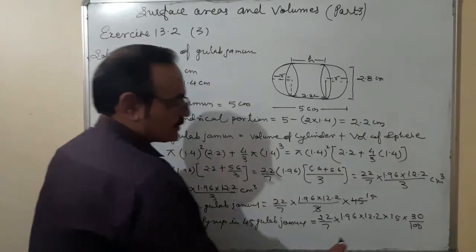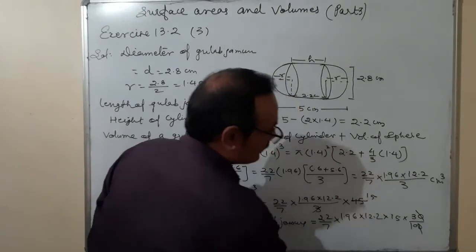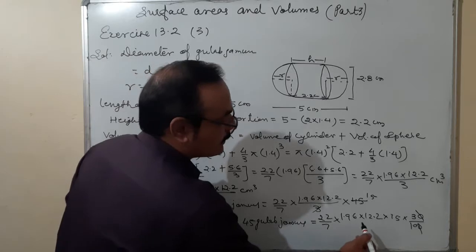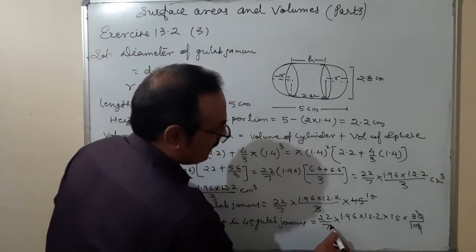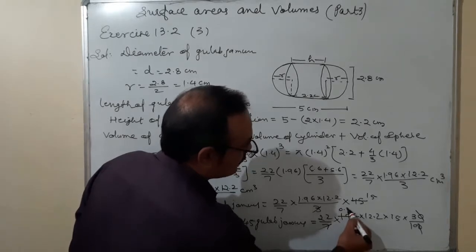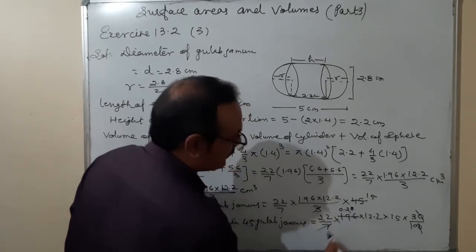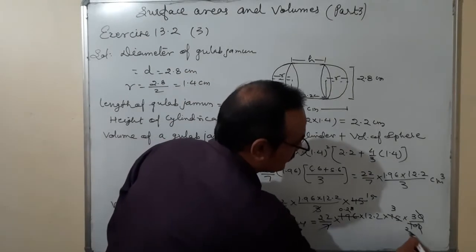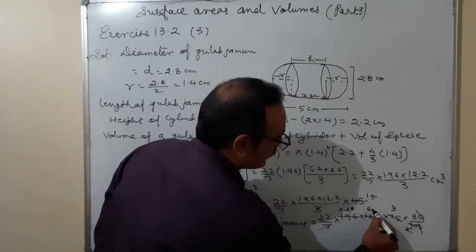Okay, so here the zeros cancel. Here I can cancel 7: 7 2s are 14, 7 8s are 56, and by 2 it is 6.1.